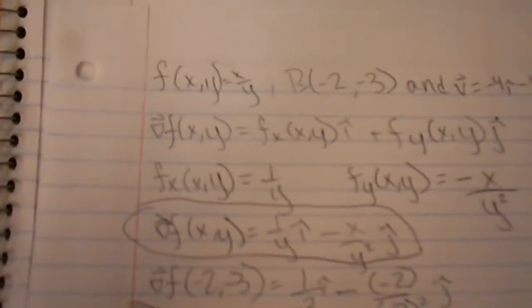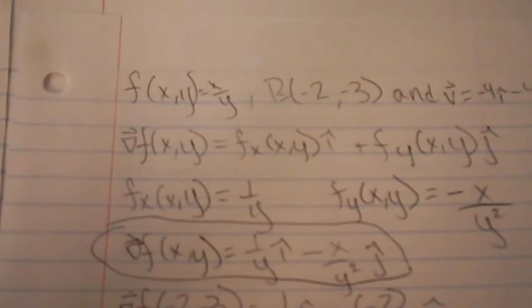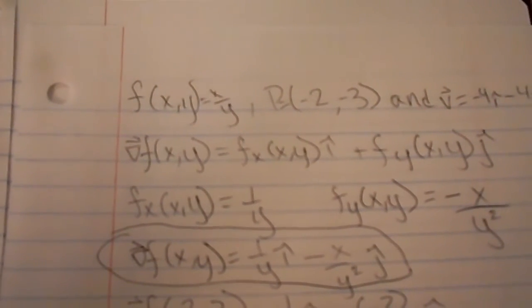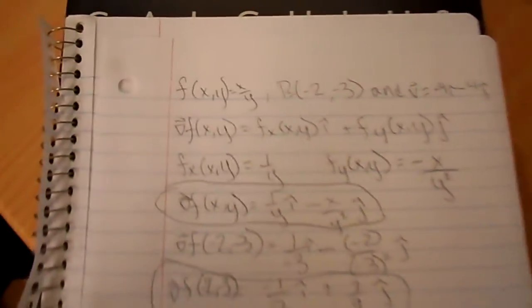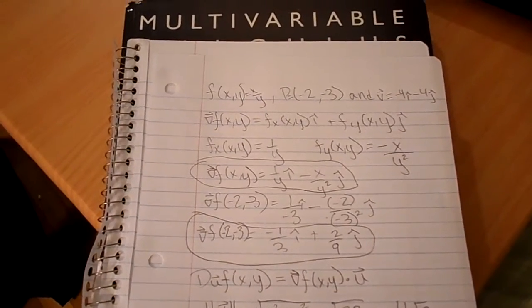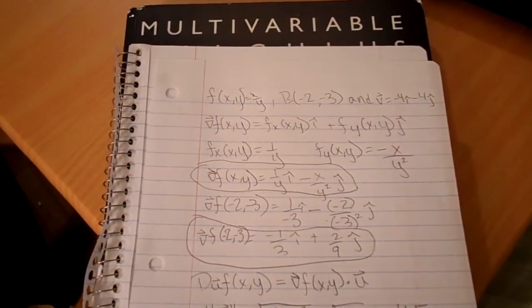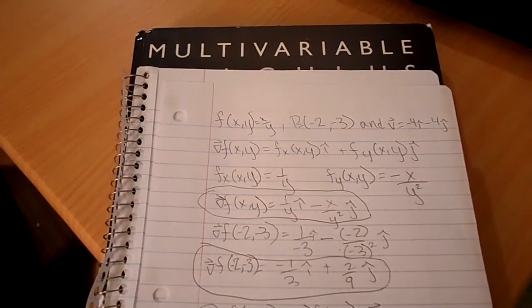So our gradient vector f of x, y is equal to 1 over y i minus x over y squared j.